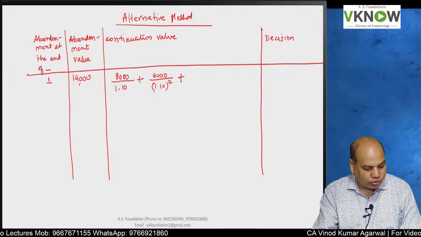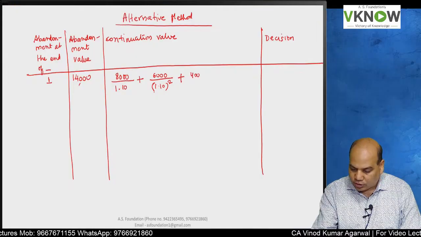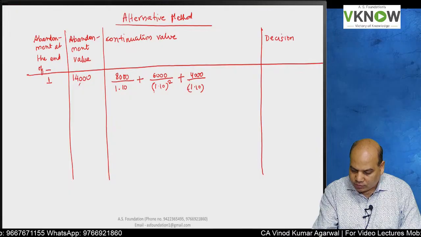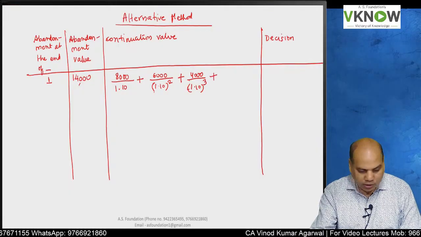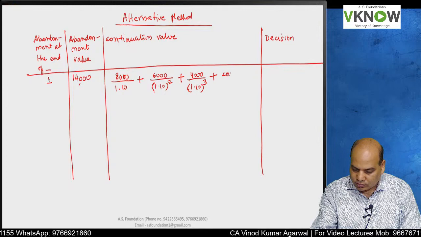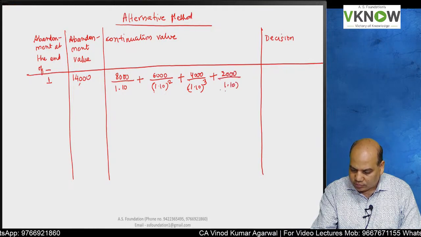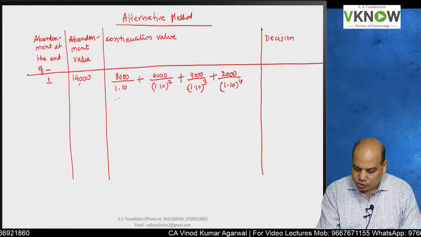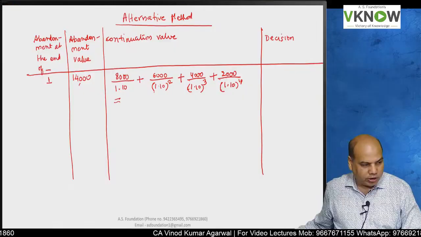So now the gap is 2 years. Then 4,000 divided by 1.10 to the power 3, and 2,000 divided by 1.10 to the power 4. This is what you will get if you continue.